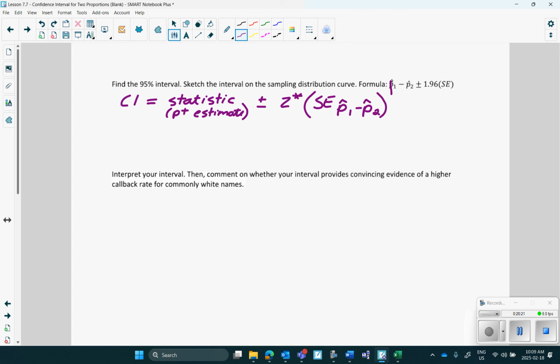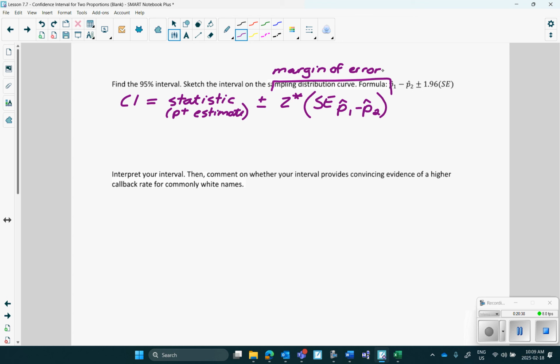And remember, that actually represents the margin of error. It's made up of the number of standard errors times the actual standard error above and below the point estimate.